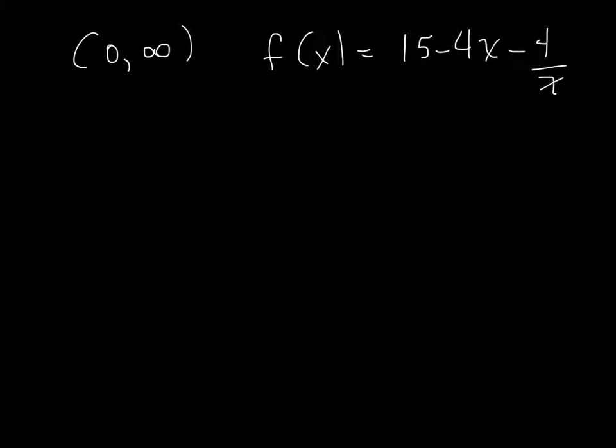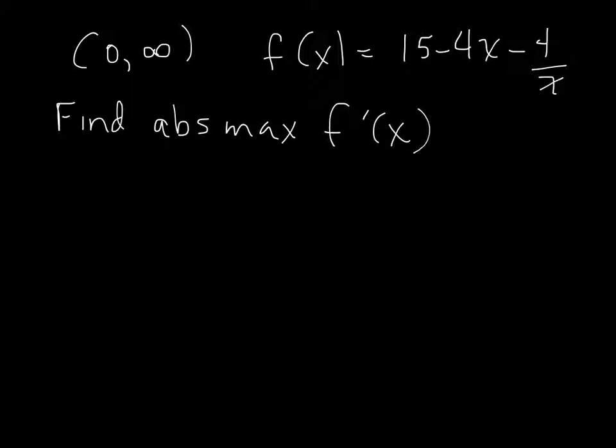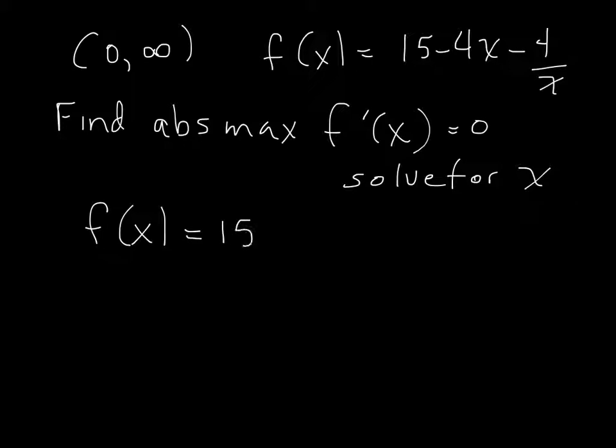To find the absolute max, you take the derivative, set it equal to 0, and solve for x. So I'm going to rewrite my function as 4 times x to the negative 1, which makes it easy to use the power rule.